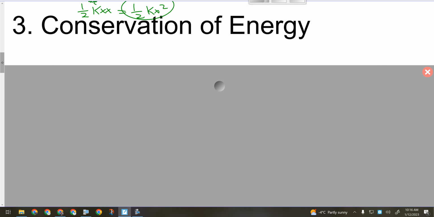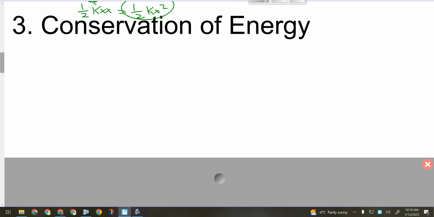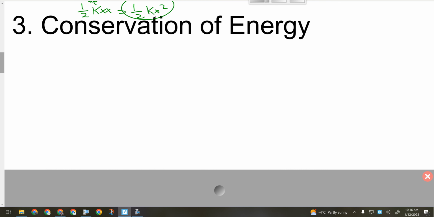All right, so conservation of energy in this unit could be one of two things. Could be a pendulum. If so, it's just like the roller coaster questions from Unit 2. We would have EI equals EF. We would have EP initial plus EK initial equals EP final plus EK final.